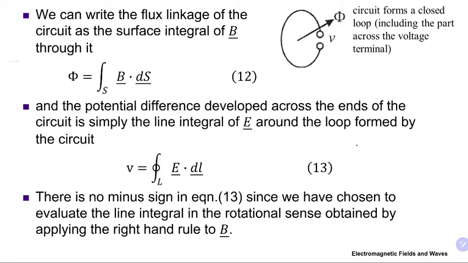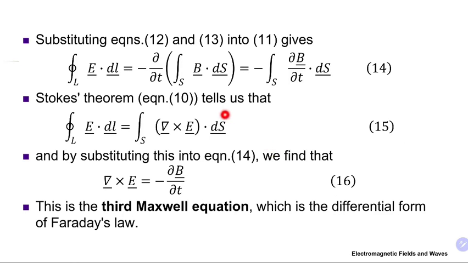So normally we write V equals minus integral E dl. In this case here, we're not going to use the minus sign because the rotation sense will take care of itself from the B field. So we're just going to write V equals integral E dl. So we have the voltage developed due to the electric field, integral E dl, and this is the flux.